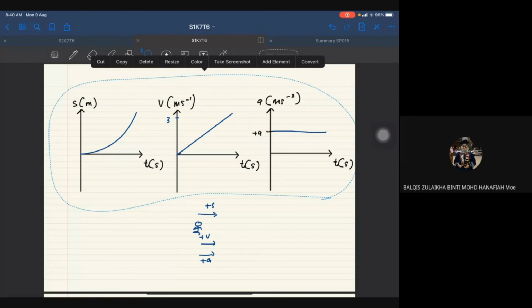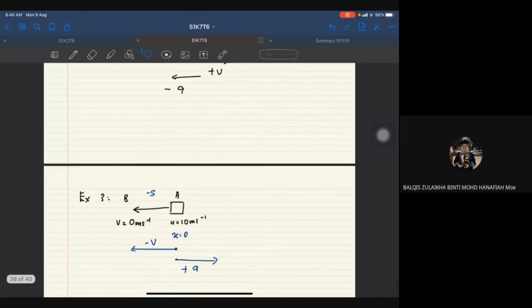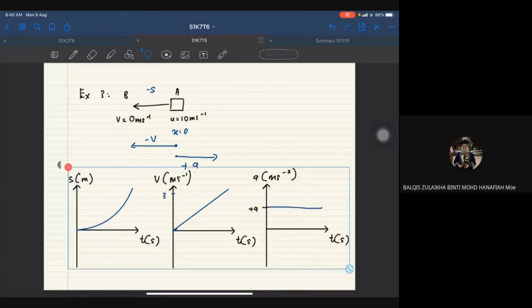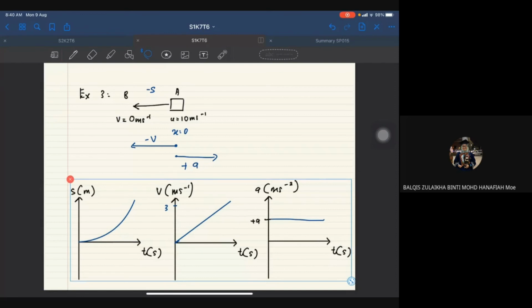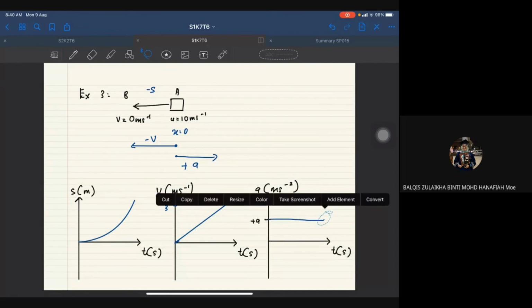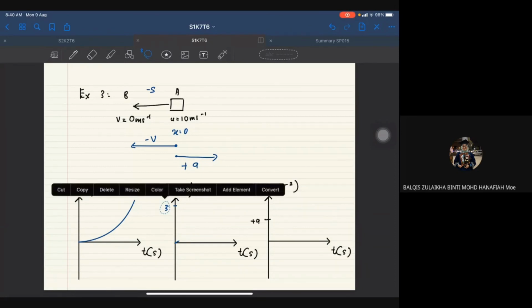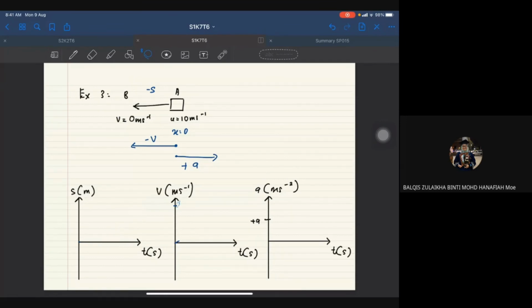So for this situation, saya nak cuba tengok dia punya graf. Okay, kamu nak buat mana dulu? S, V ke A? Tak kisah mana. S dulu.